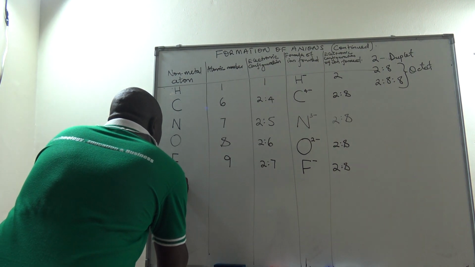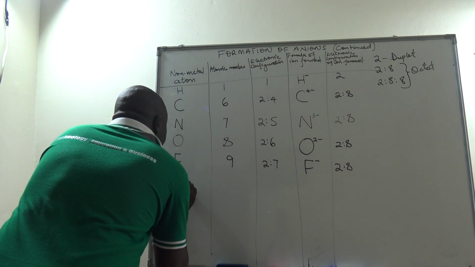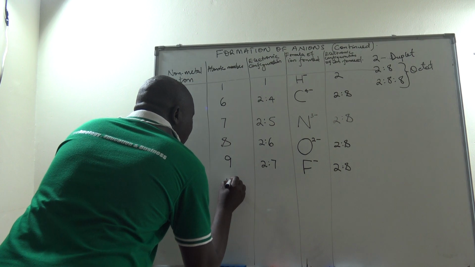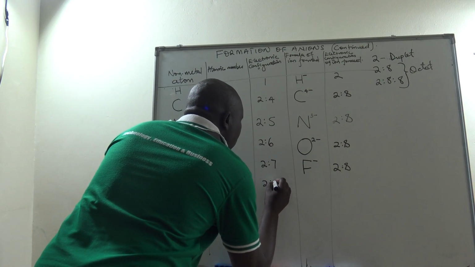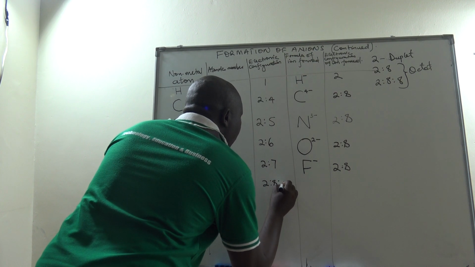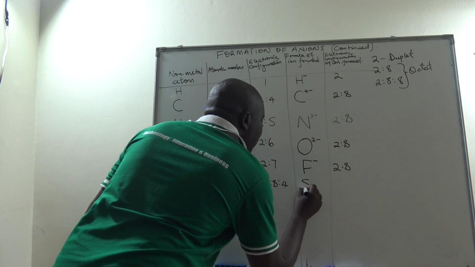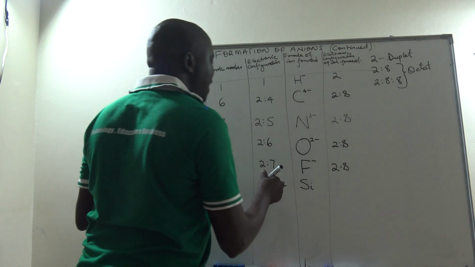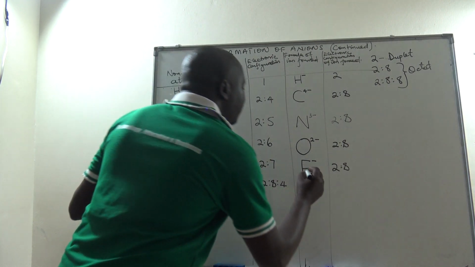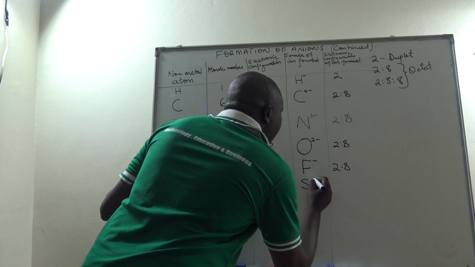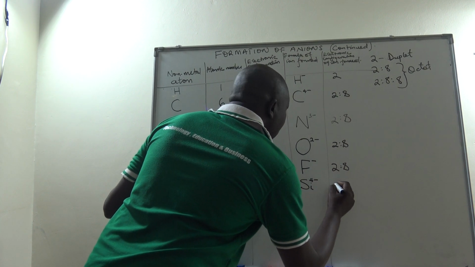So we go to silicon with atomic number 14, electronic configuration 2, 8, 4. So a silicon atom will have to gain 4 electrons. It is a non-metal. It gains 4 electrons and becomes negatively charged with 4 negative charges.